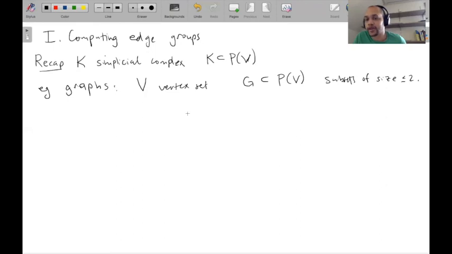So there's only vertices and edges, in other words. If there's only vertices and edges, then what you have is a graph, or at least the geometric realization of G is a graph.